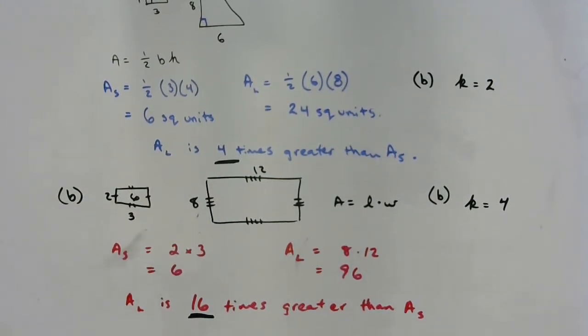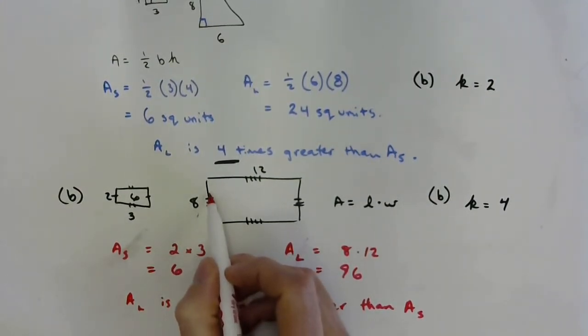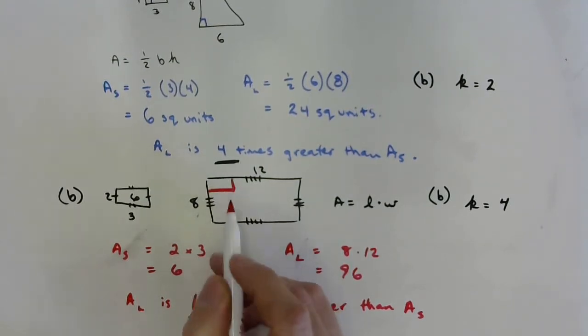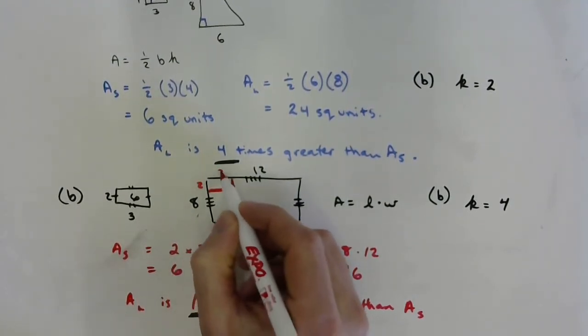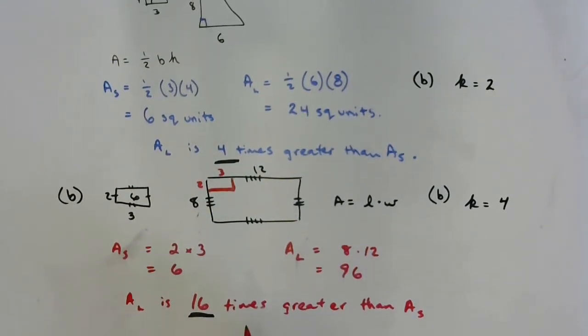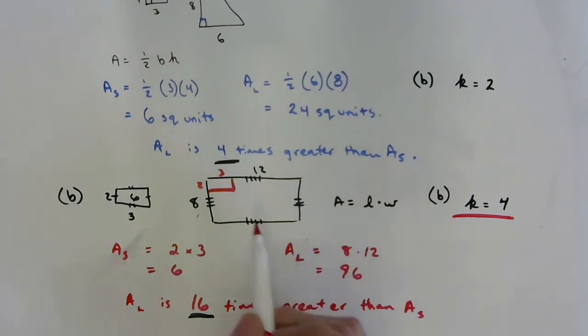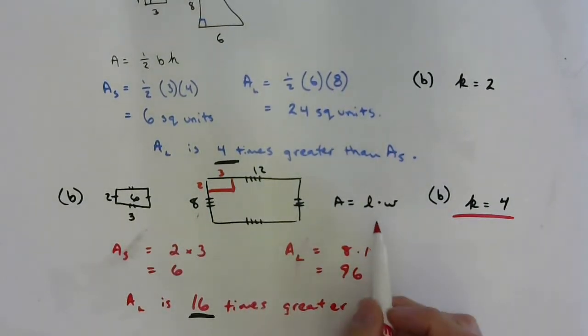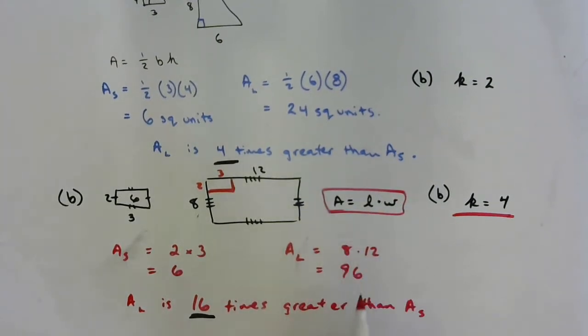I'm going to quickly use this picture to draw what we had. So we've got something that looks like this. This is the little rectangle, okay? This is side length 2, side length 3. And what we're doing when we're using the scale factor of 4 is both dimensions are getting multiplied by 4. Well, we said area is length times width.